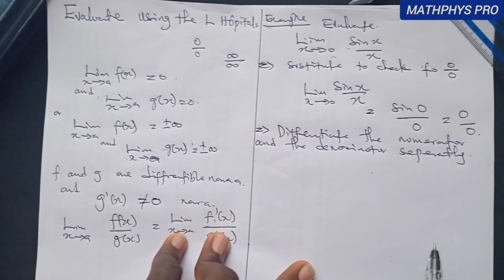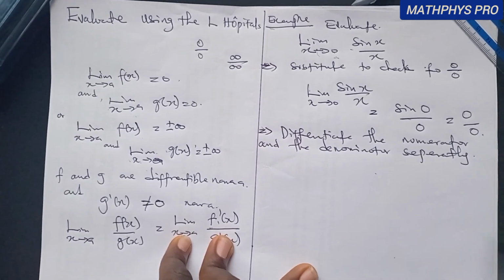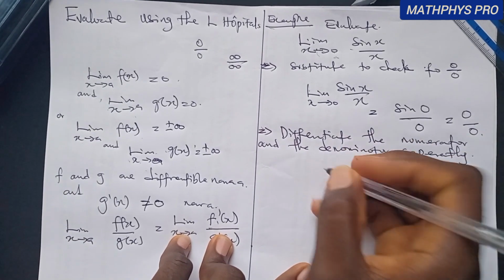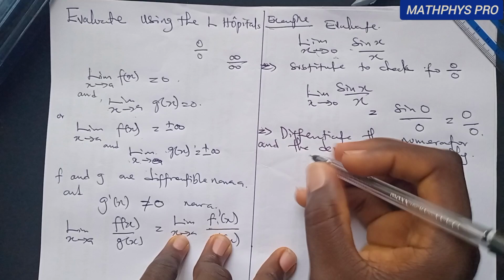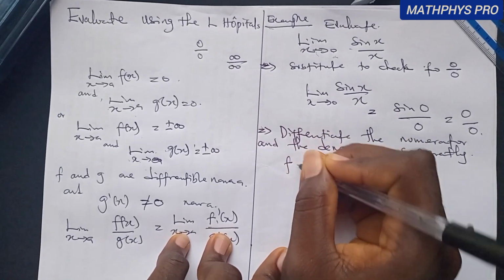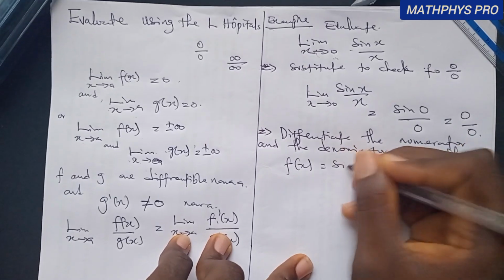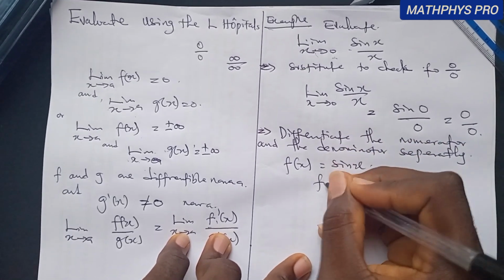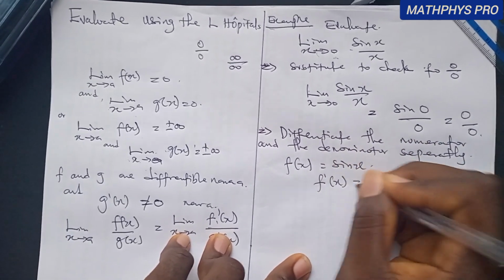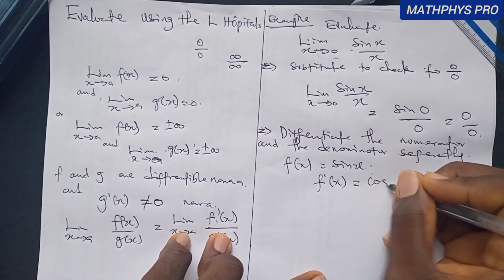So you differentiate the numerator and the denominator separately. For the numerator, we have that if f of x is equal to sine x, then f prime of x is equal to cos x.